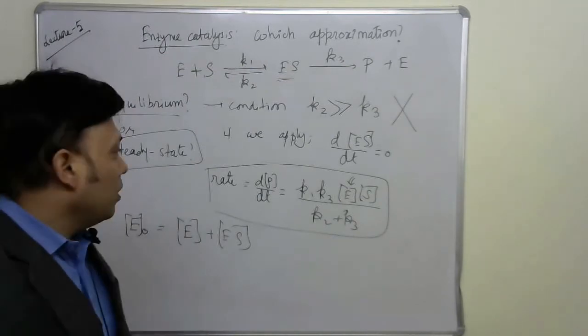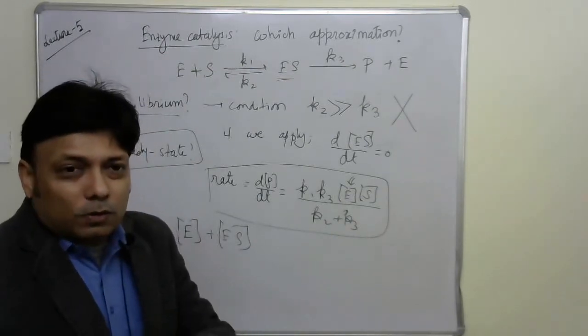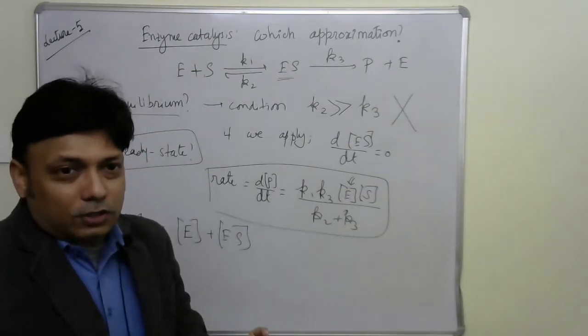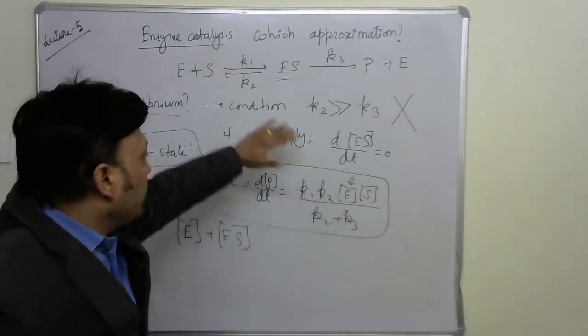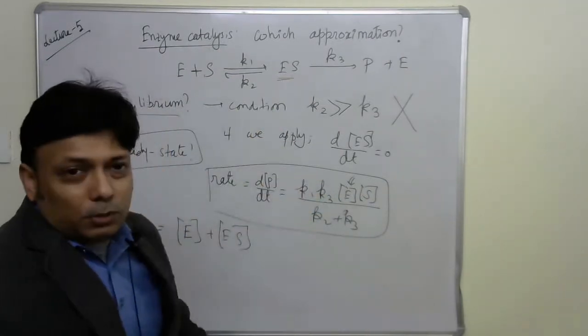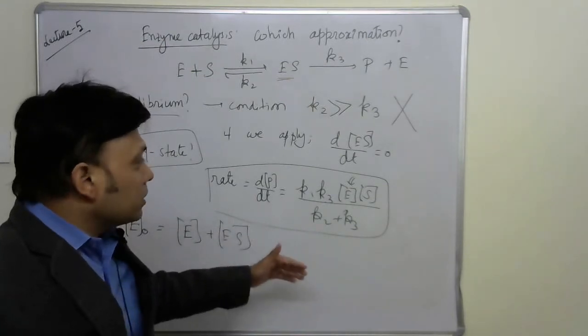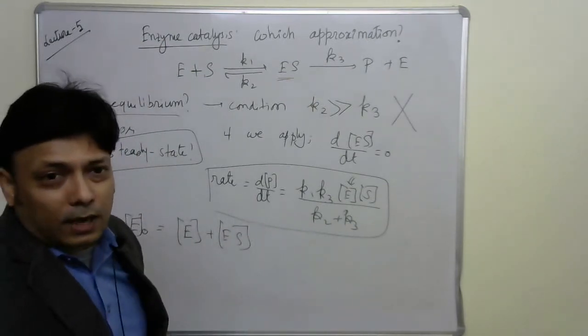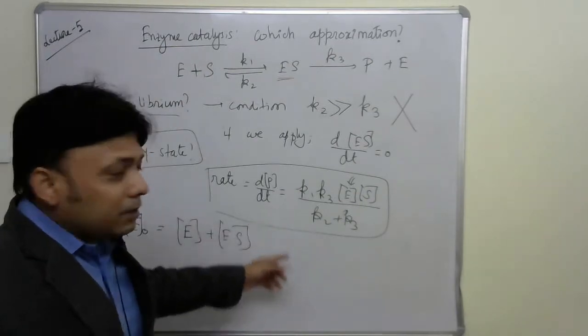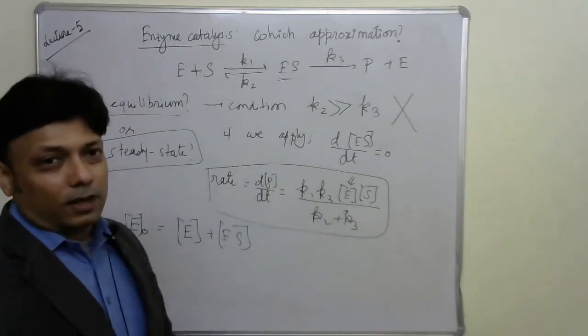So we have to undergo a certain derivation by following the steady state approximation in order to get a standard rate equation for enzyme catalysis. So let's clean the board and work that out.